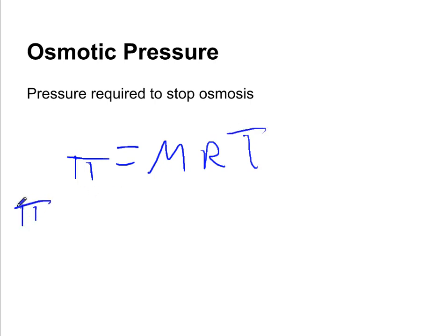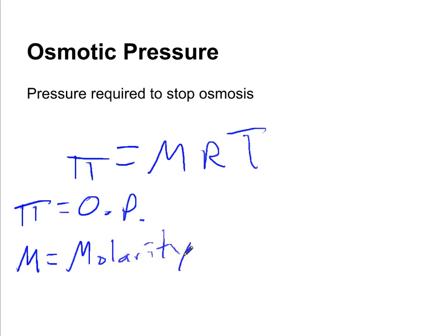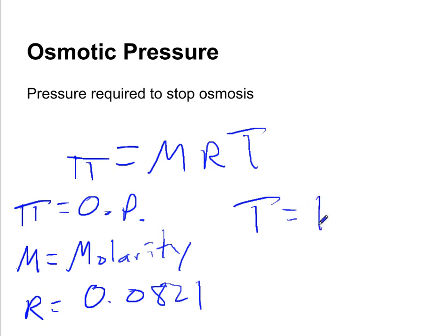So pi is the osmotic pressure, M is the molarity of the solution, R is our gas constant, 0.0821, and T is temperature in Kelvin. So to calculate the pressure required to stop osmosis through a semi-permeable membrane, you use this equation.